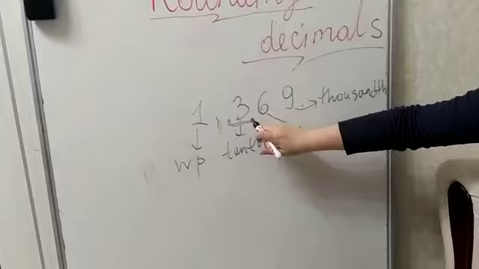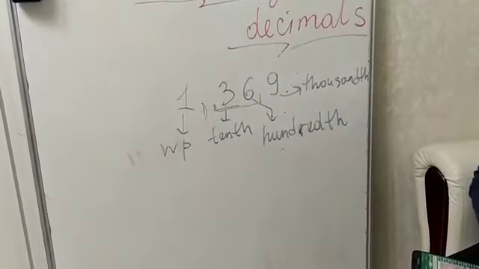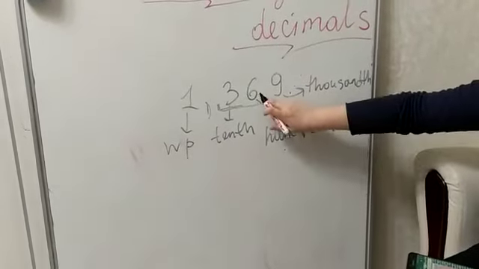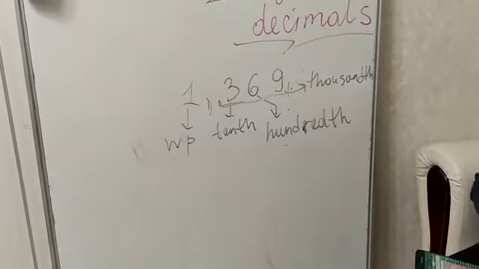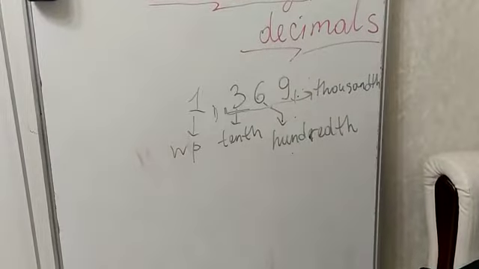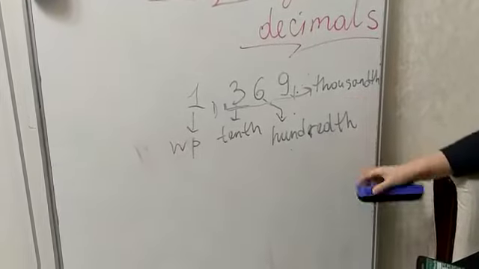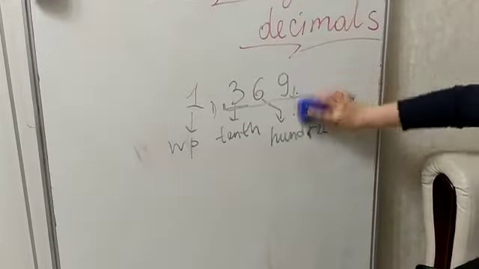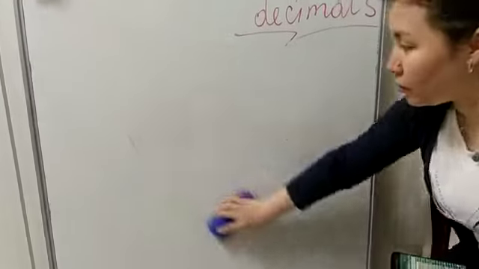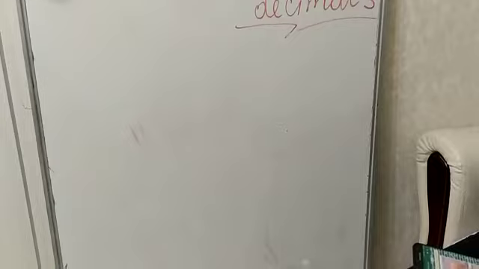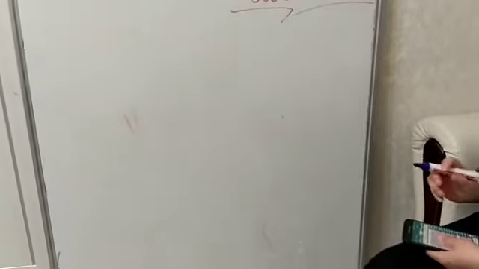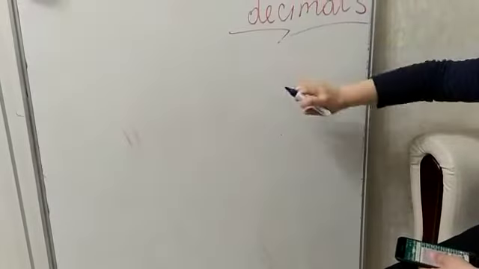If we have 2 numbers after the point, we have a hundredths part. If we have 3 numbers after the point, we have a thousandths part. So now let's understand the next subject: how can we round it?